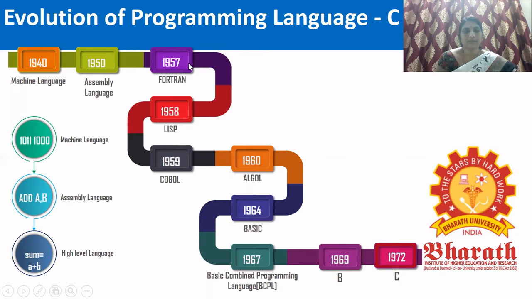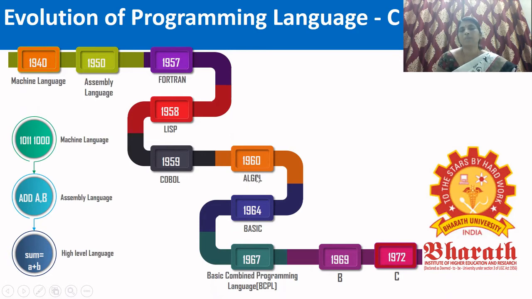In 1957, we had Fortran, Formula Translation. Then in 1958, we have Lisp programming, which is based on the list type of data. And in 1959, we have Common Business Oriented Language. And after 1960, the algorithmic approach came into existence.